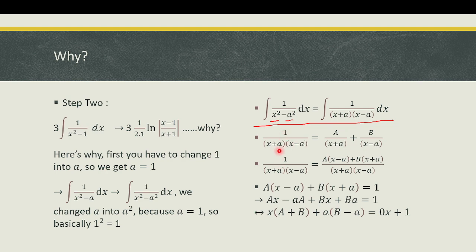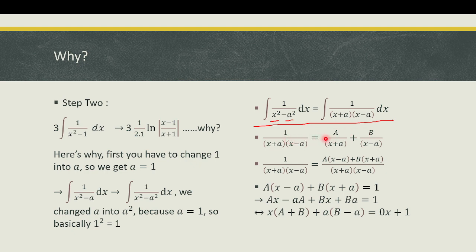1 over x plus a times x minus a is equal to A over x plus a plus B over x minus a. How did we change 1 into A and B? It's called partial fraction decomposition, where we're trying to find the product of one.